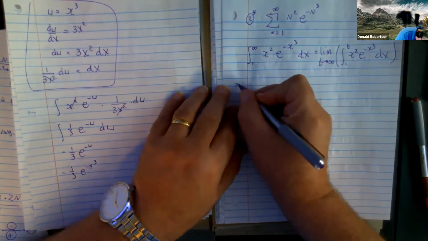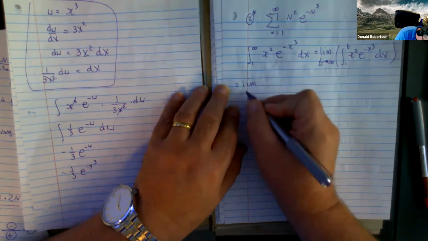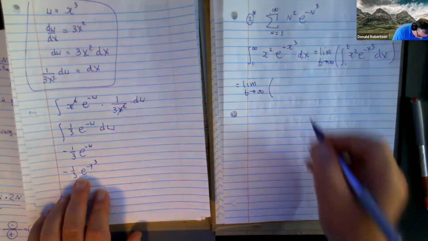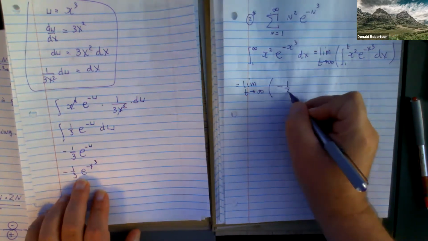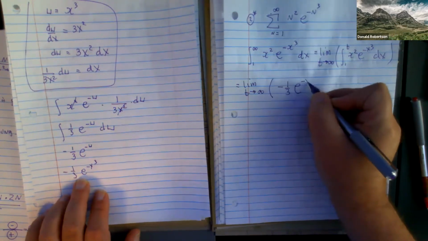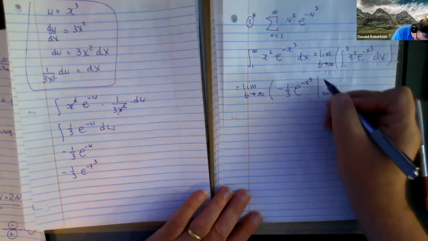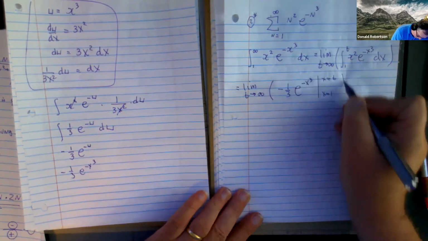So, ready to continue? It's going to be the limit as t tends to infinity of negative 1/3 e to the negative x cubed evaluated at x equals 1 to x equals t. Are we good?